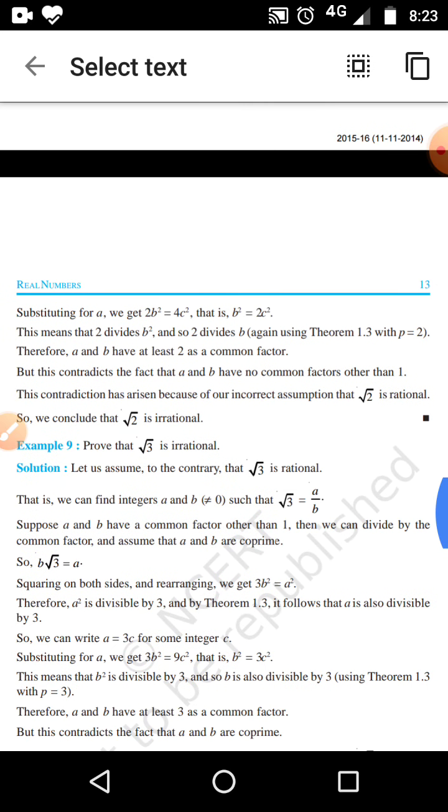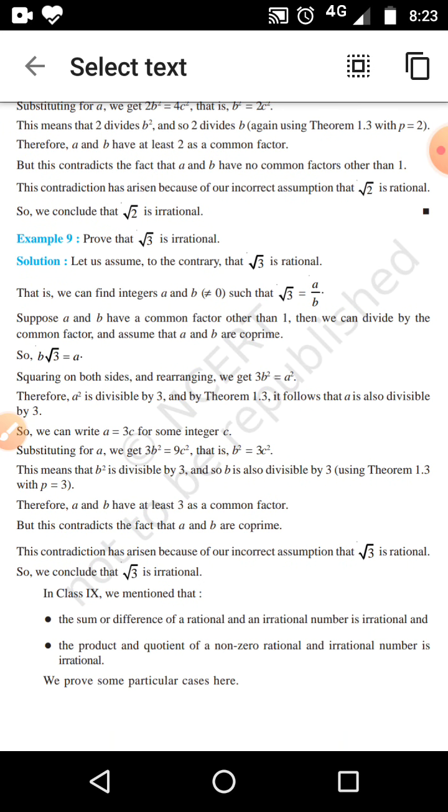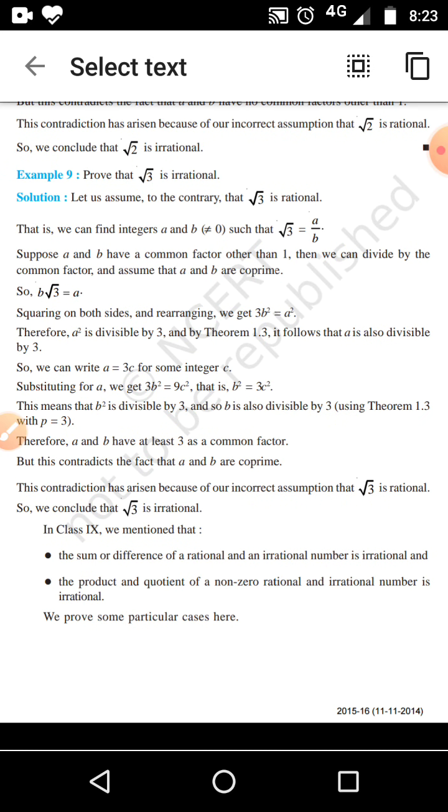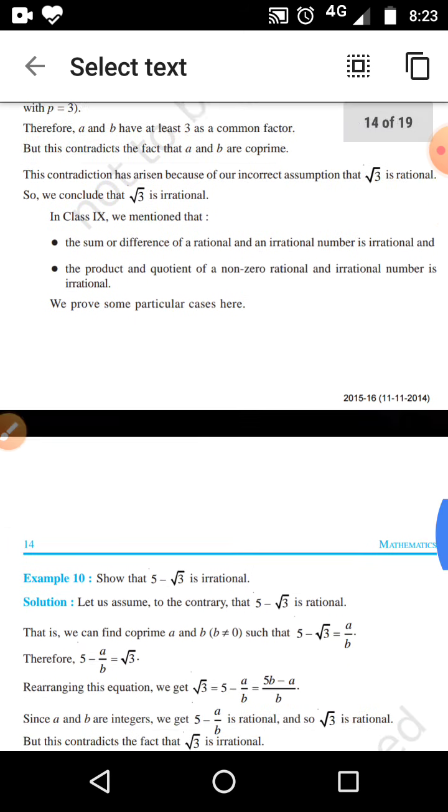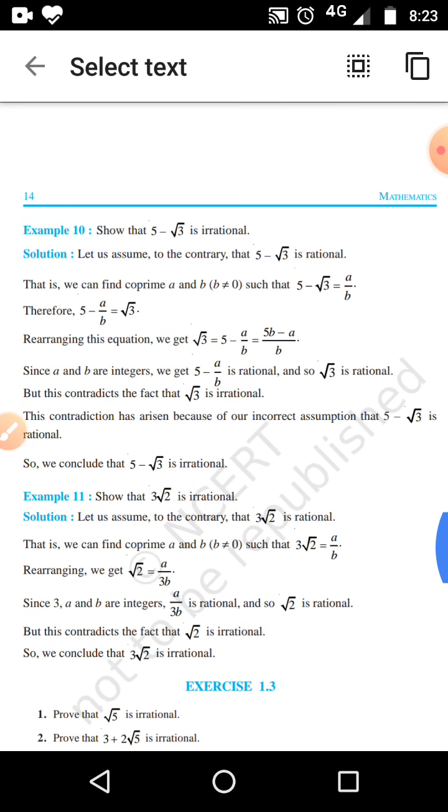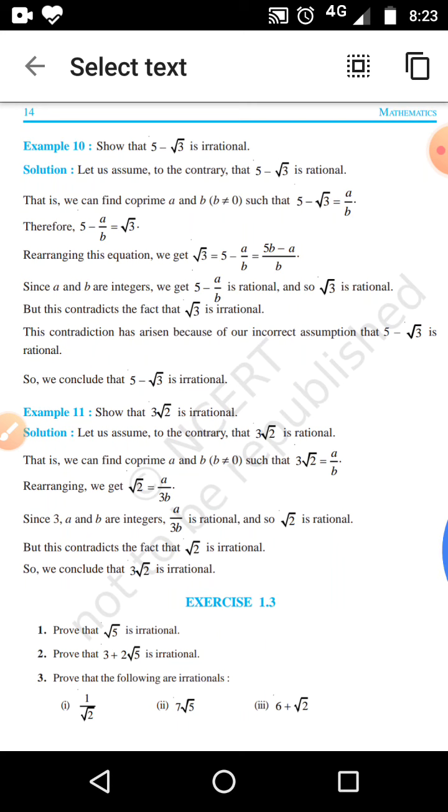And afterwards root 3 is there. This is your homework. And then after, see this question: prove that 5 minus root 3 is an irrational number. This is very easy. Suppose 5 minus root 3 is rational.